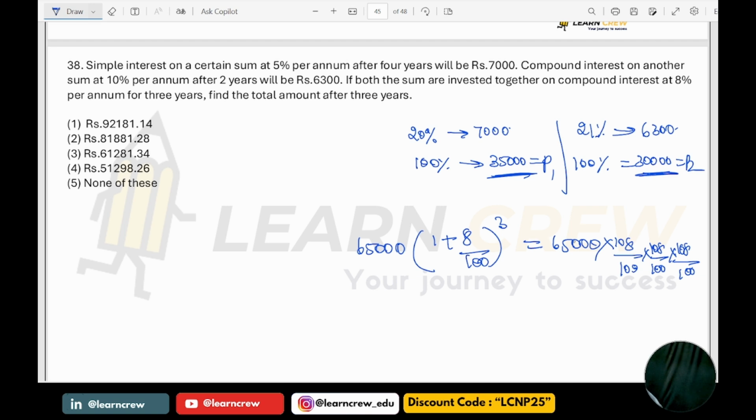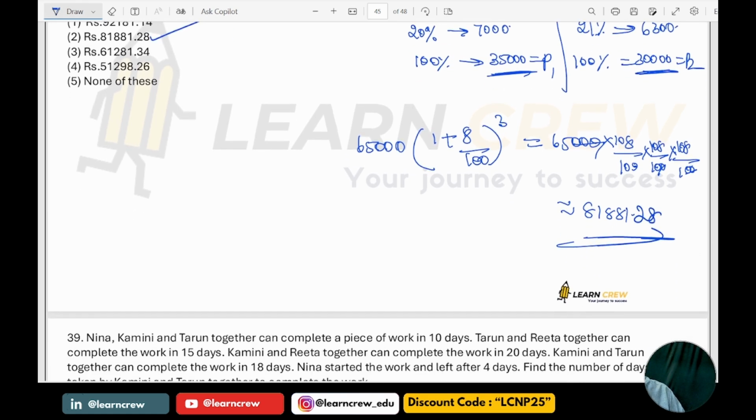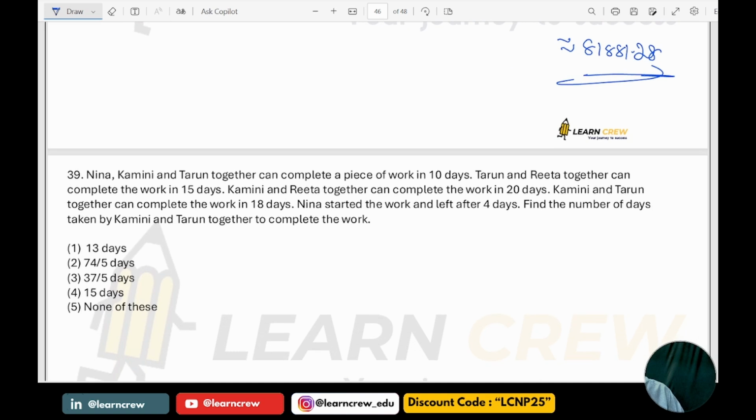So 3 zeros cancel. Okay. So 108 into 10, the answer is very close to 81881.28. So the answer is option 2. If you simplify with the help of compound interest, you will get the answer clearly.